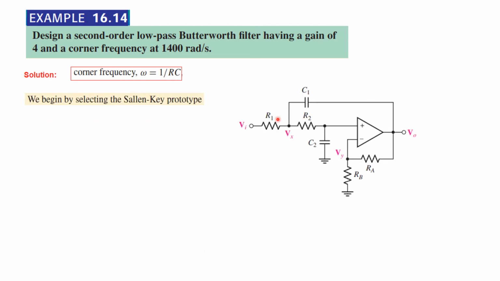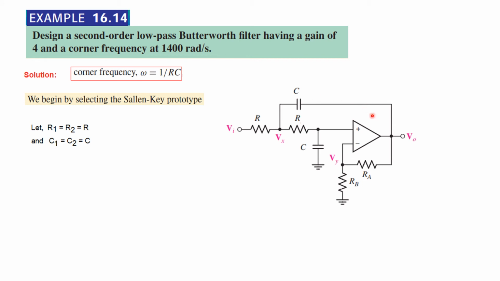This was our filter, the Sallen-Key prototype, and for R1 equal to R2 equal to R, C1 equal to C2 equal to C, this got modified, we saw that. So this will now become the circuit that we'll be solving.